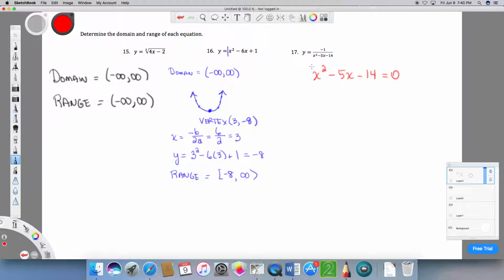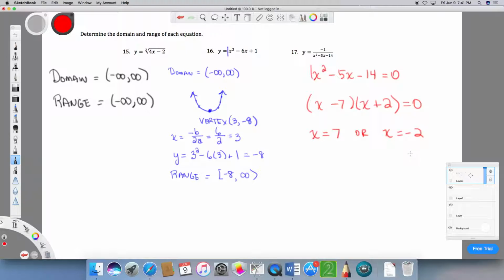Well, I need to factor this. And with the leading coefficient of 1, it's not that bad to factor. Two numbers, when multiplied together, give me a negative 14, but when added, give me a negative 5: negative 7 and positive 2. So x equals 7 or x equals negative 2.